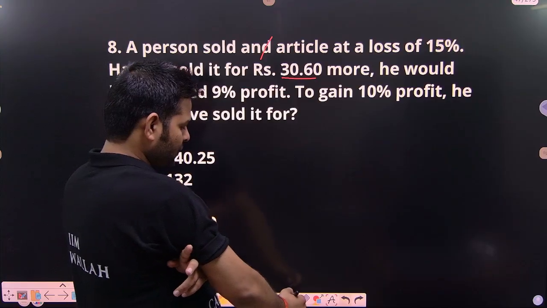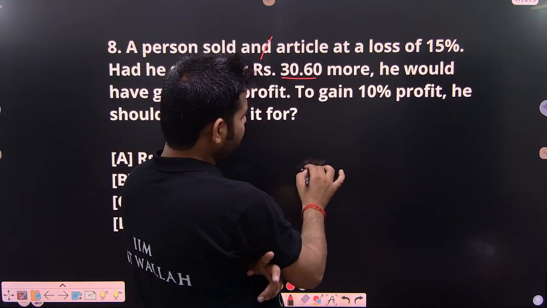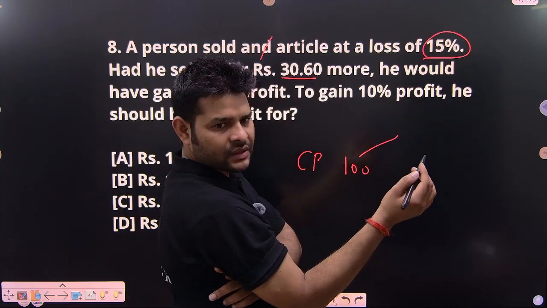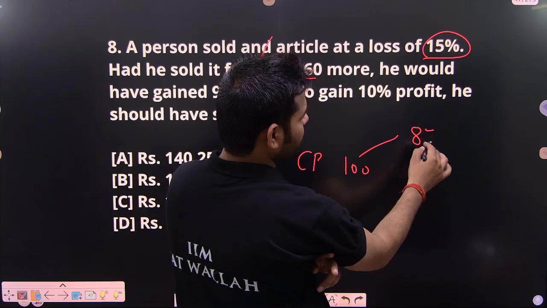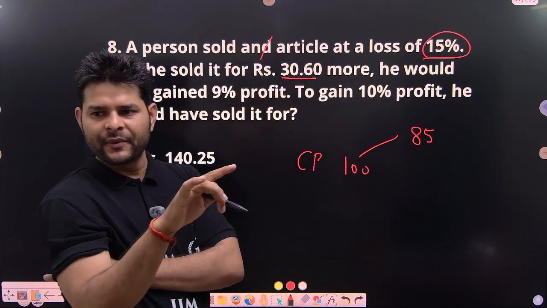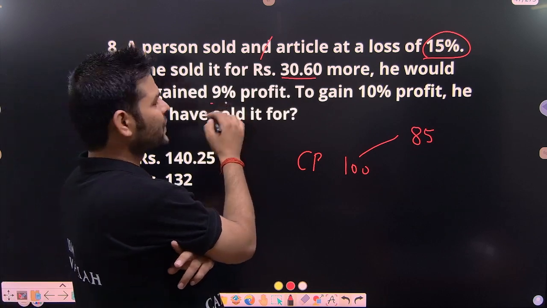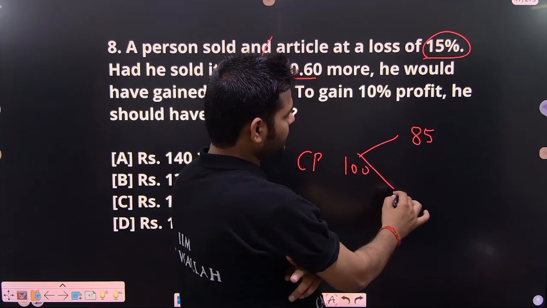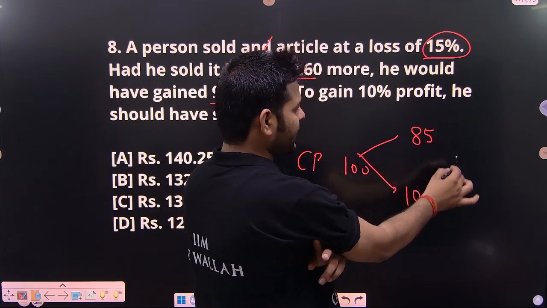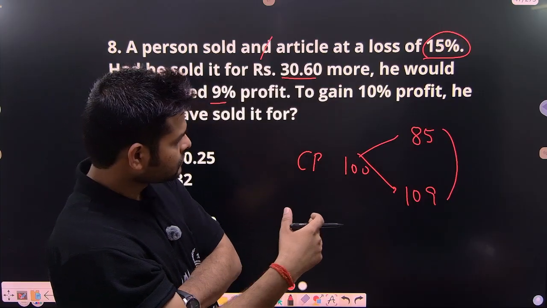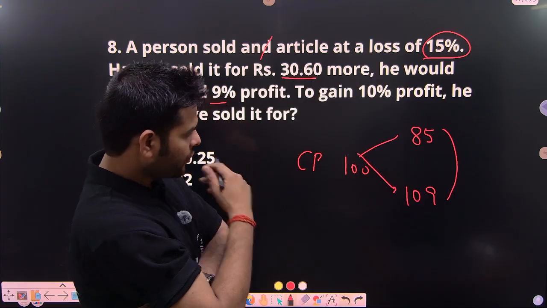So basically the same concept you need to apply. CP is 100, he had sold at 15% loss, that means 85 units. At 85 units he has already sold. But if he had sold at 9% profit, that means 109. So how much more is he selling? 24.